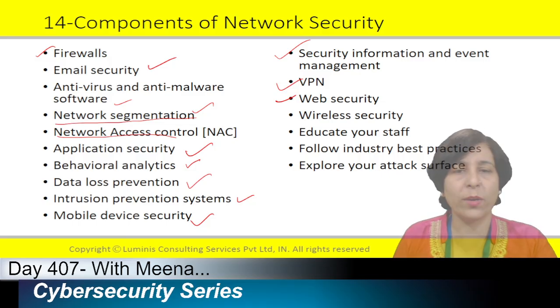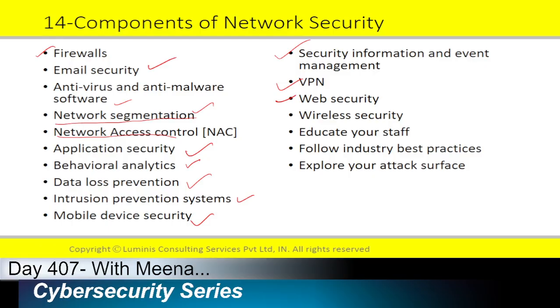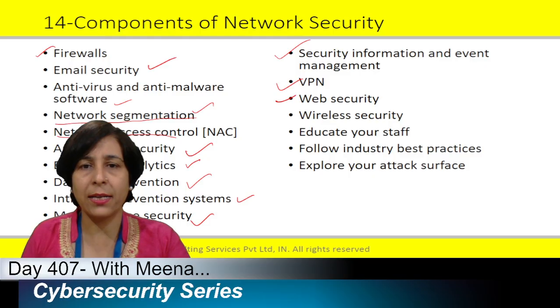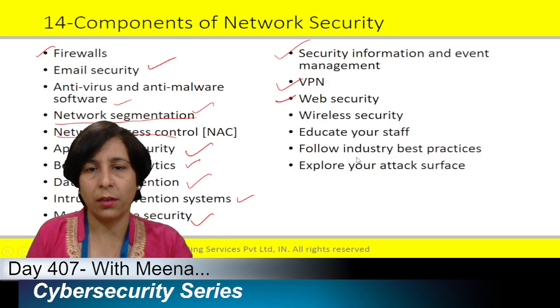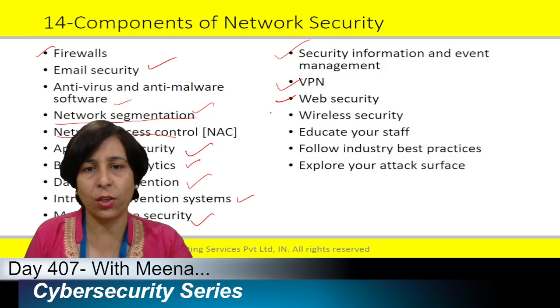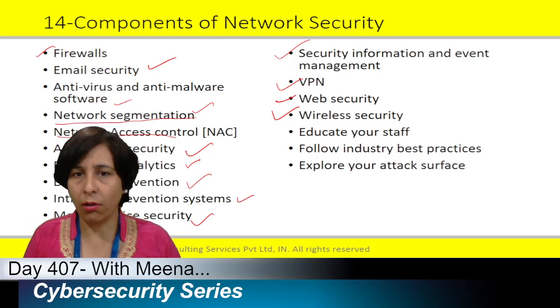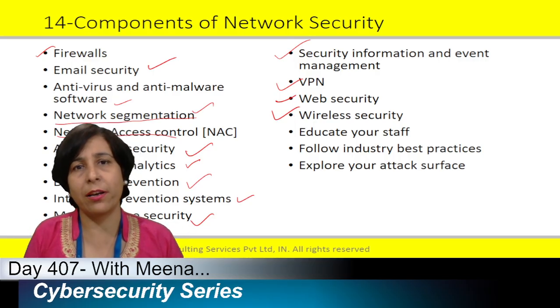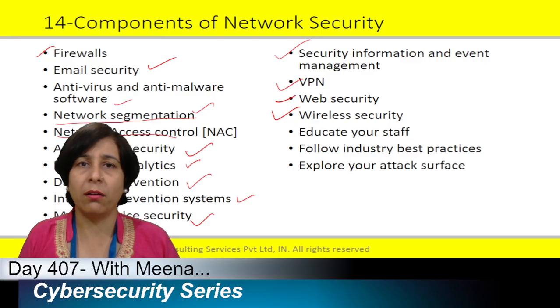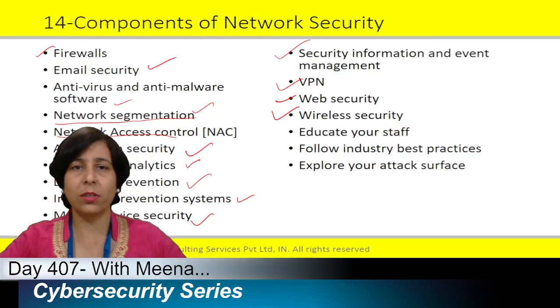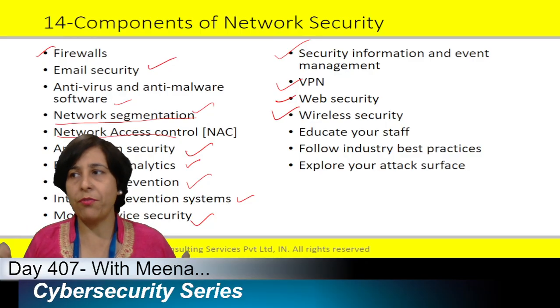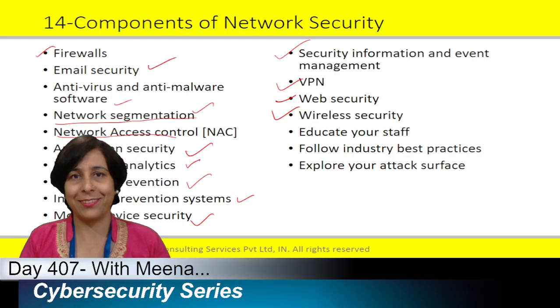What other things can we do? That is, sorry, wireless security. Nowadays there is a lot of use of wireless devices, and wireless, as we know, is like an open connection everywhere.